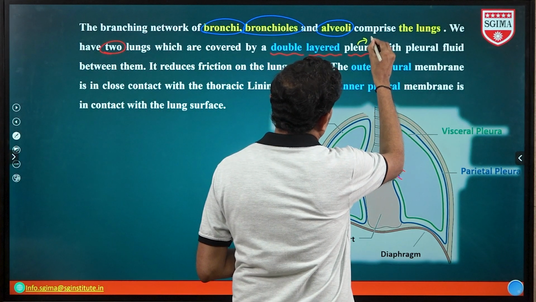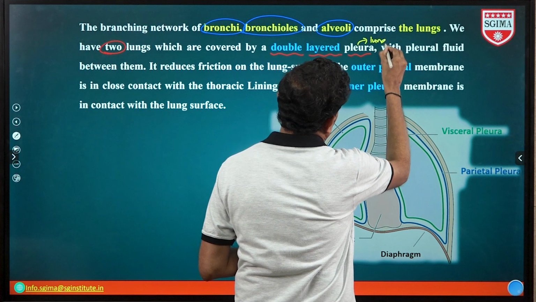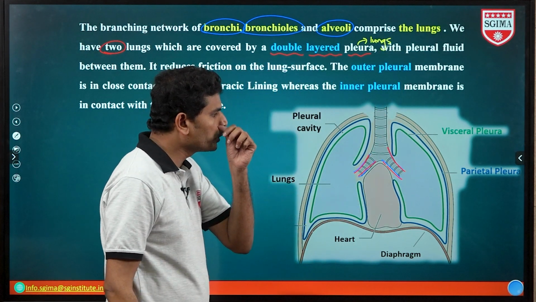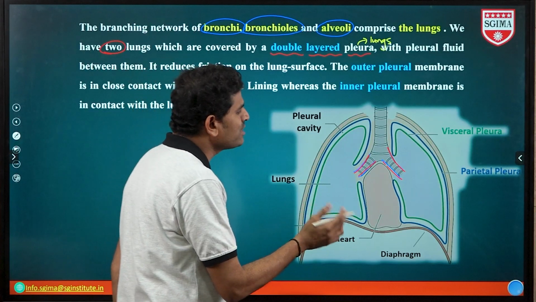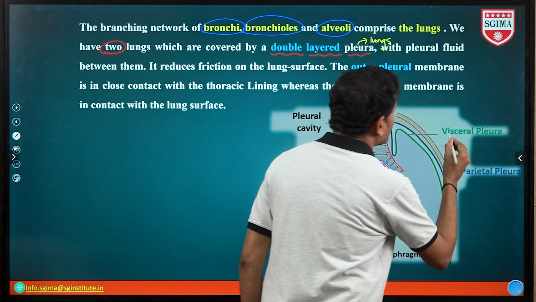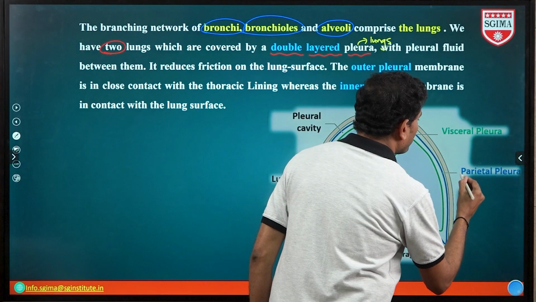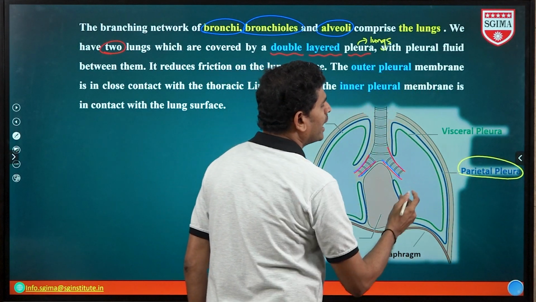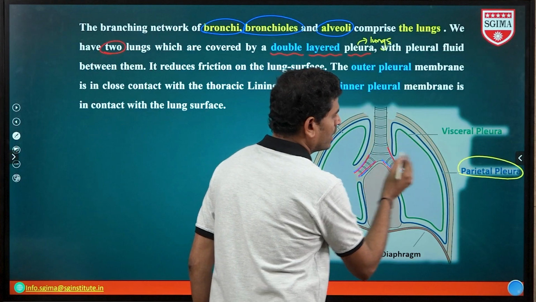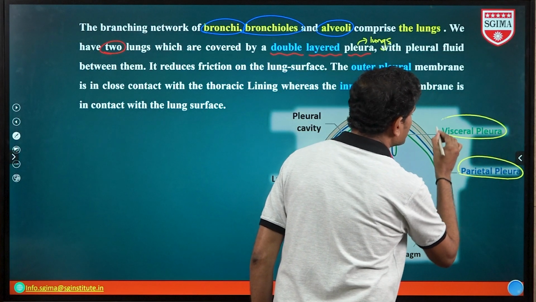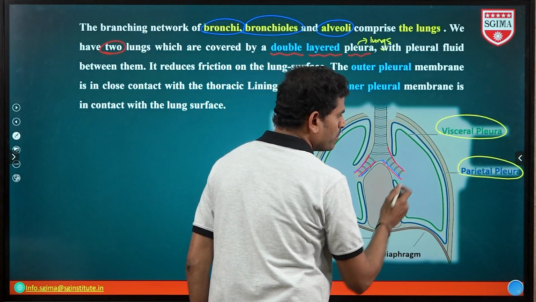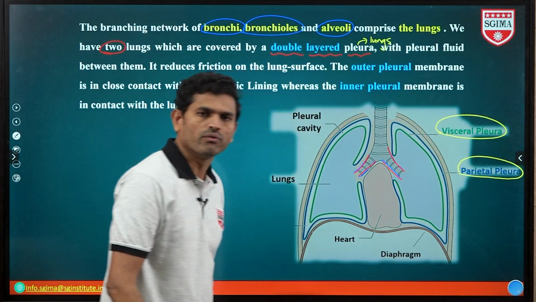So the lungs are covered by a membrane containing two layers. The outer one is called the parietal pleura, and the inner one, this green color, is the visceral pleura. These words are also mentioned with the concerned color. Outer layer is the parietal pleura, inner layer is the visceral pleura.